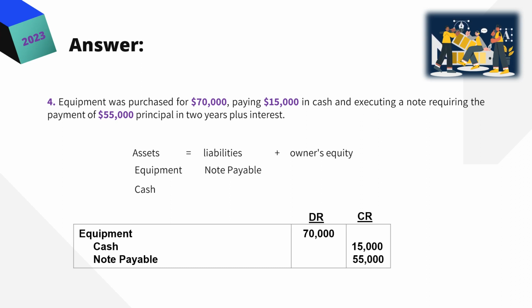The $55,000 we'll refer to as a note payable. And because liabilities are increased on the right, we will credit note payable. Let's look at the actual journal entry. Because equipment is an asset debited, we'll show a debit to equipment for 70, a credit to cash for 15, and a credit to note payable for 55.